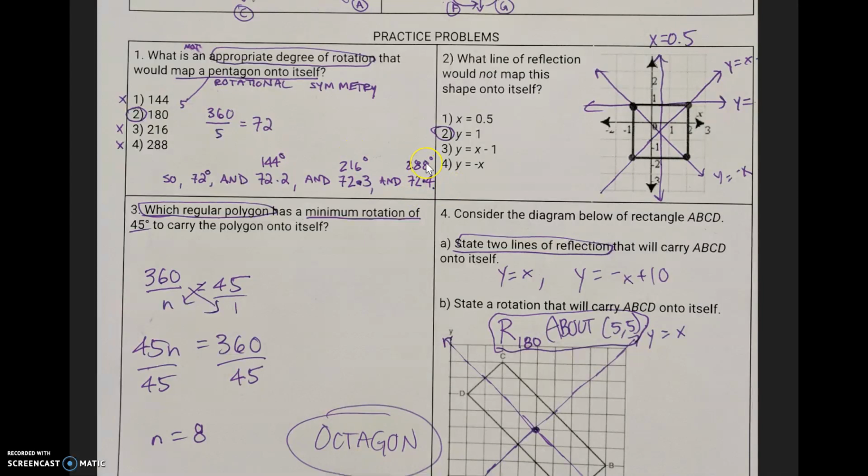Why wouldn't we rotate it 5 times? I just said it. 5 times would be 72 times 5, which is 360, and we never say 360 as one of the rotational symmetry measurements. Anyway, all of these are in the answer choices except for 180. Imagine a pentagon that has the point on top. If you rotate it 180 degrees, the point's going to be on the bottom. It's not exactly mapped onto itself. It doesn't cover itself up completely.